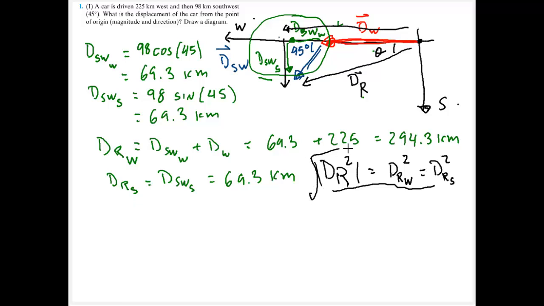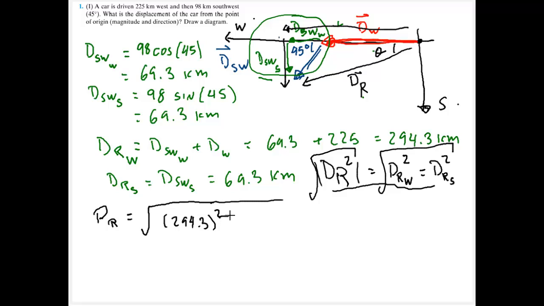I want to take the square root of both sides, and I can write my resultant displacement. It's going to be the square root of d resultant in the westerly direction, so 294.3, squared.